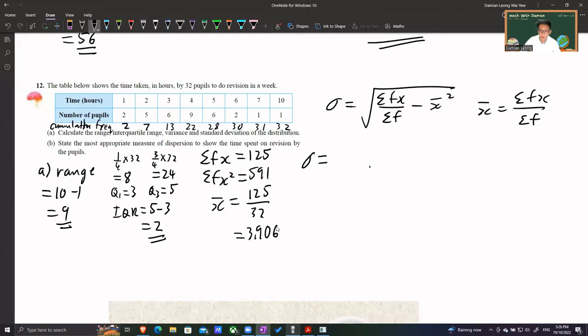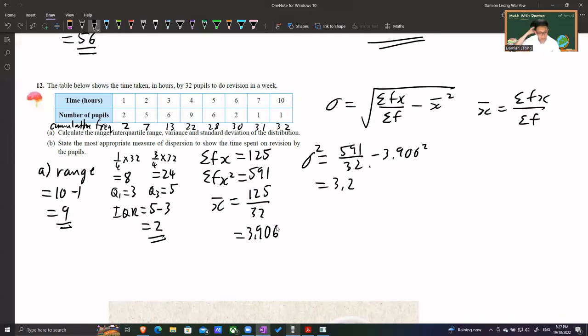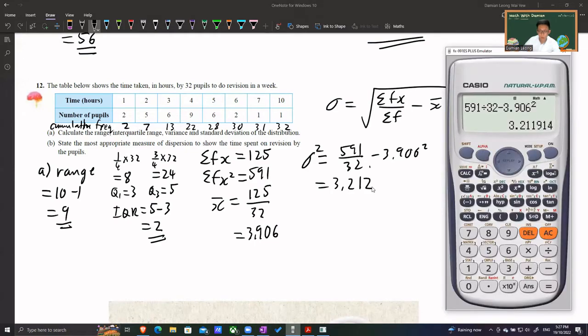So variance is 591 divided by 32 minus 3.906 squared, which is 3.2119, so 212. Actually, 210 if I take the exact value.